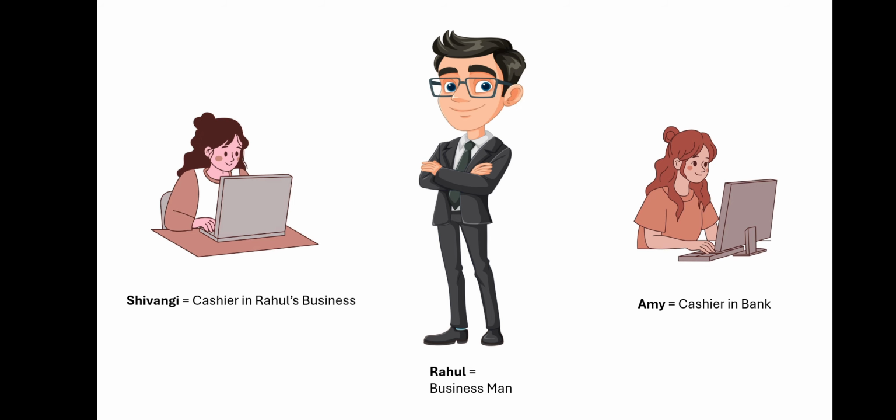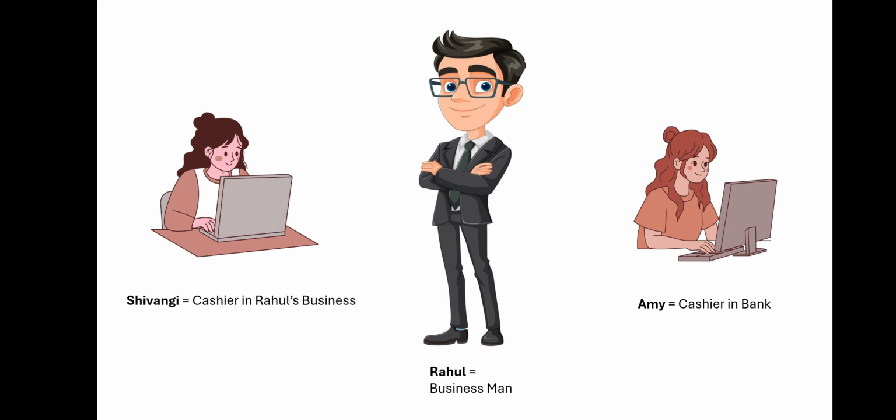Or sometimes Shivangi made an error in writing something in the cash book bank balance, or sometimes Amy made a mistake in writing something in Rahul's passbook. As you know, Rahul has a passbook and also has a cash book which is maintained by Shivangi. Both the books can have differences because sometimes Amy misses something or sometimes Shivangi misses it.